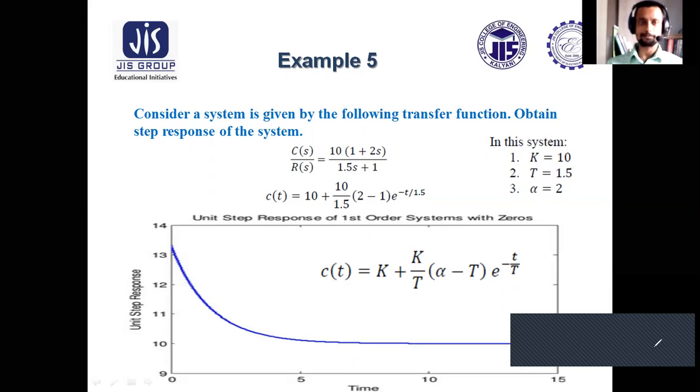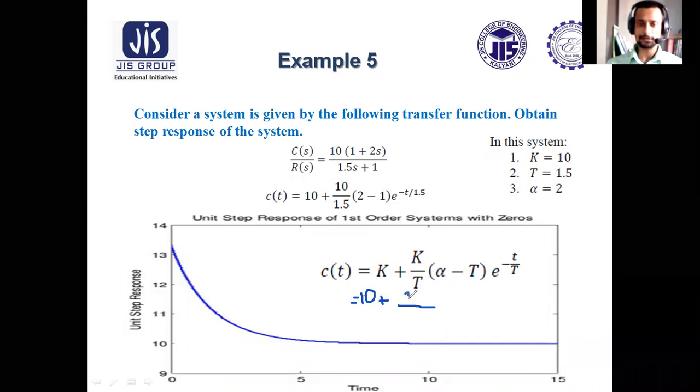Now what will happen? Let me take the values. K is 10 plus K by T. K by T is 10 by 1.5, that is 20 by 3. Alpha is 2 and T is 1.5, so into 0.5, that is half. At t equals 0, this term will become 1.